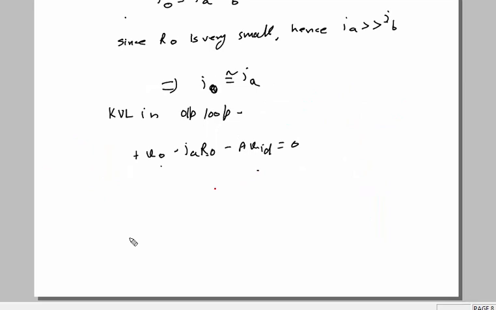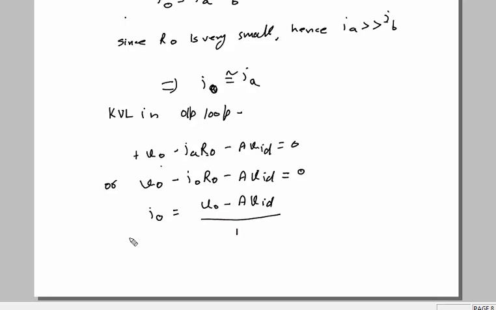Now we can write V naught minus I naught into R naught minus A VID equals 0, because IA is the same as I naught. So I naught, which we are going to measure, we can write as V naught minus A VID, divided by R naught.